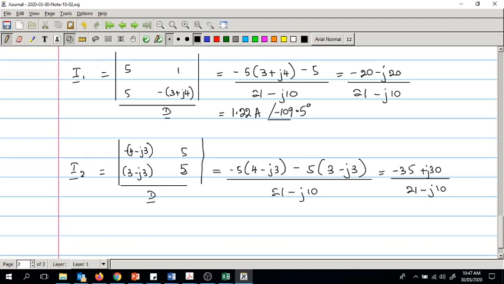So you get, I'll convert that again into polar coordinates: 1.98 amperes angle 164.86 degrees. So that's our answers.